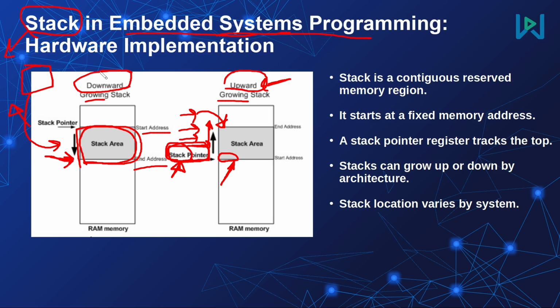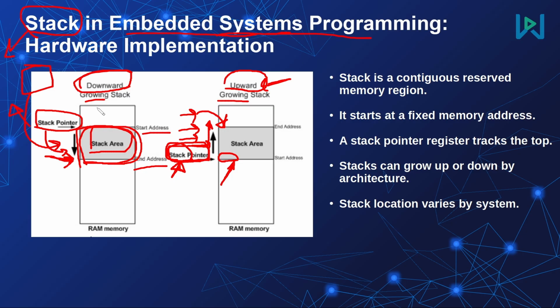If the CPU architecture is implementing the downward growing stack concept, then the CPU stack pointer will decrement after the push of each new element. Again, this is needed to have the stack pointer always pointing to the last element that has been put to this stack area.